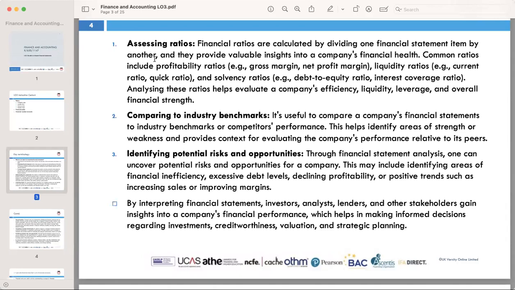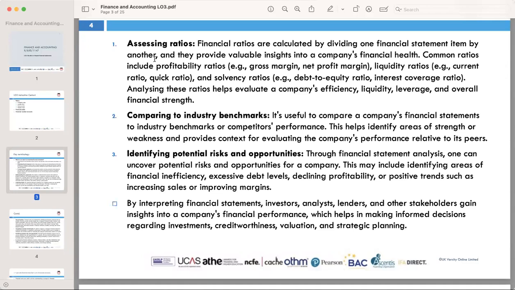So by analyzing these ratios, we can determine how efficient a company is, its ability to meet short-term obligations, and its overall financial strength. To gain a better understanding of a company's performance, it is essential to compare its financial statements to industry benchmarks or competitors' performance.